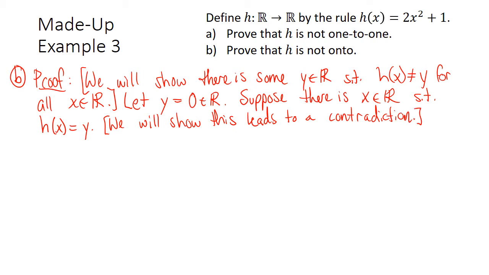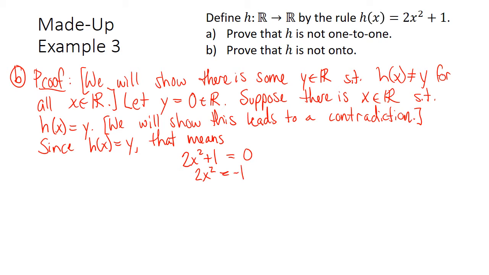Okay, so how does it lead to a contradiction? Let's figure it out. Since h of x equals y, now let's just use the formula. That means 2x squared plus 1 equals 0. All right, then 2x squared equals -1, x squared equals -1/2.